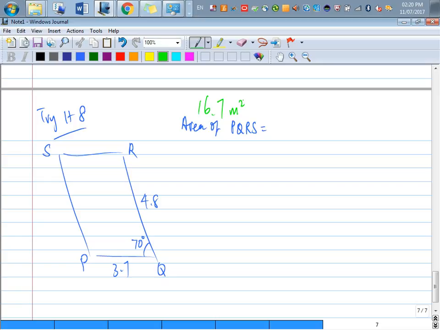Did you all draw any line to help you? I suppose you drew this line? Okay, it's very faint. So the area will be 2 times one triangle, where one triangle is half times 3.7 times 4.8 times sine 70 degrees.